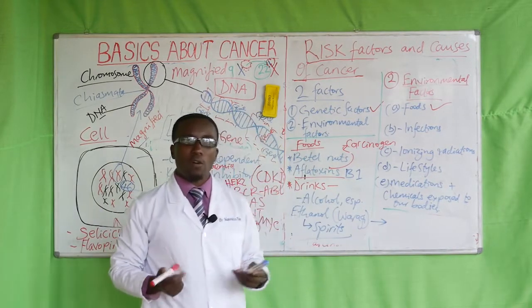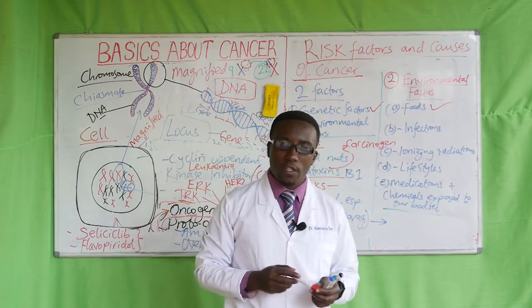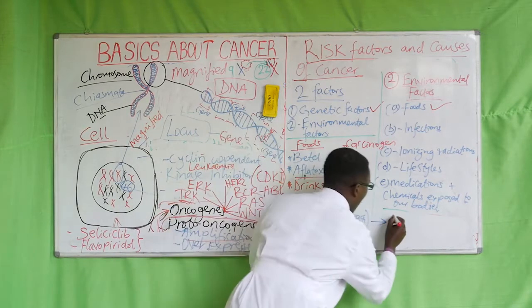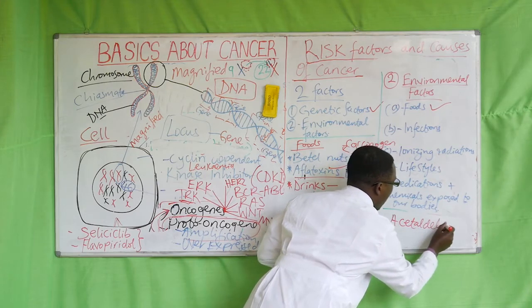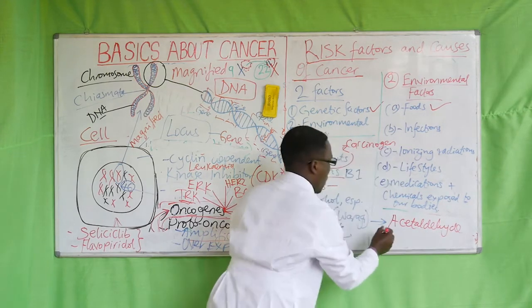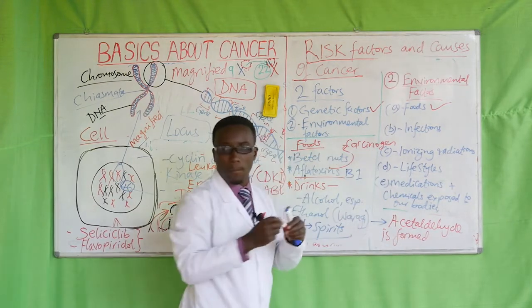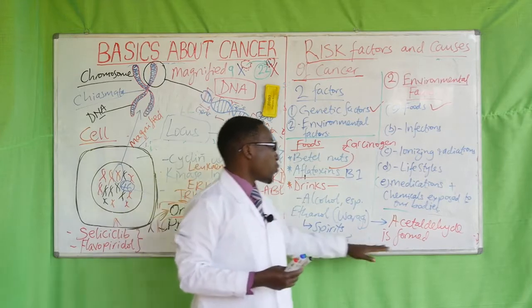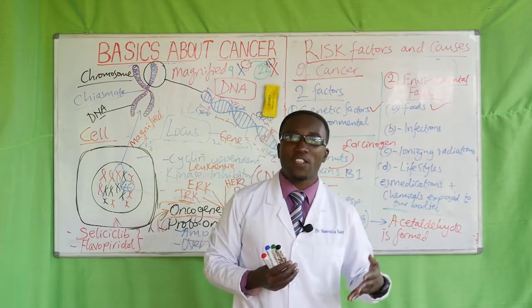Now, the moment alcohol has been metabolized, a metabolite that is known as acetaldehyde is formed. As acetaldehyde is formed, of course, we say that a metabolite of alcohol has resulted.